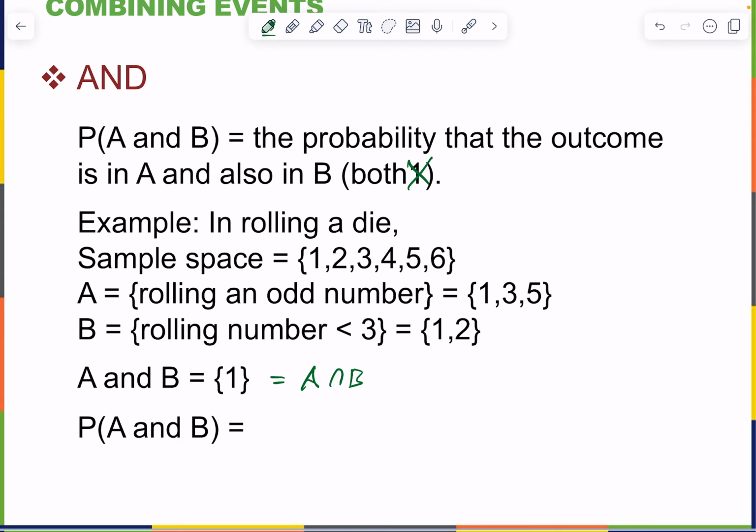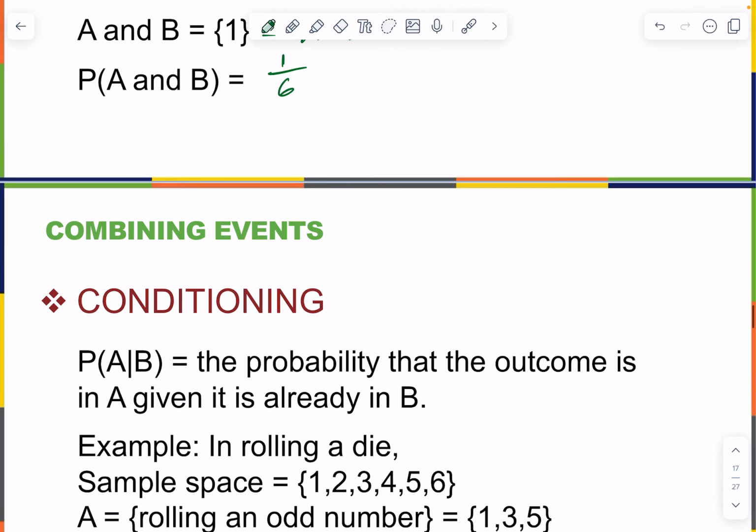And the probability of that is going to be 1 over 6, because there's only one way that can occur, and that's if you roll a 1. No other way can you get a number that is strictly less than 3 and also odd. So both need to be satisfied when it comes to and.